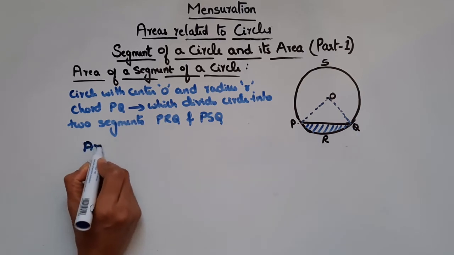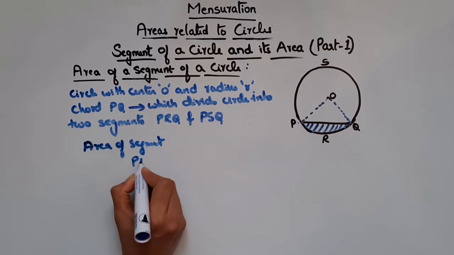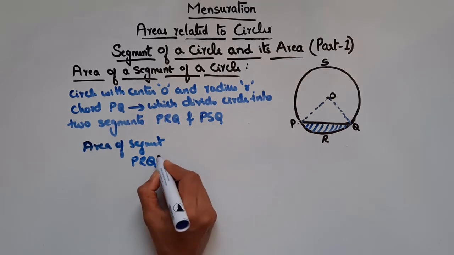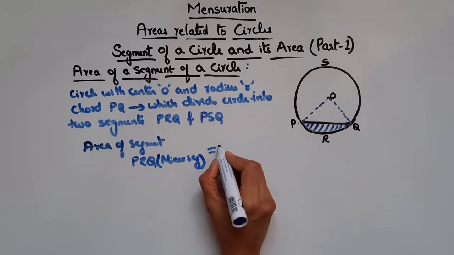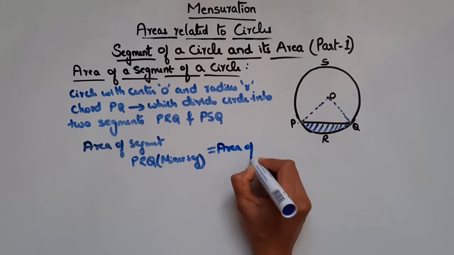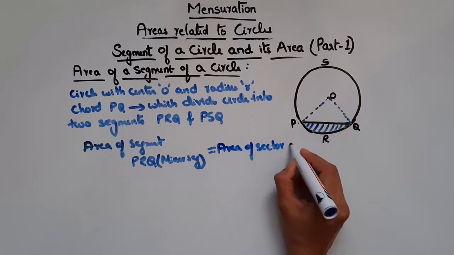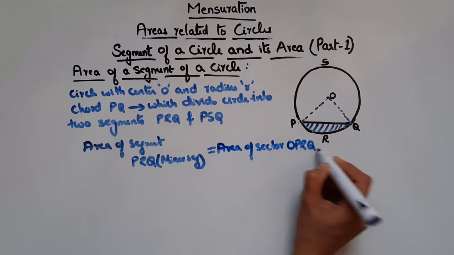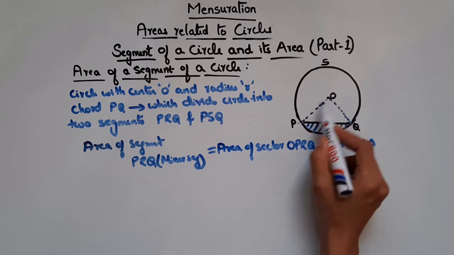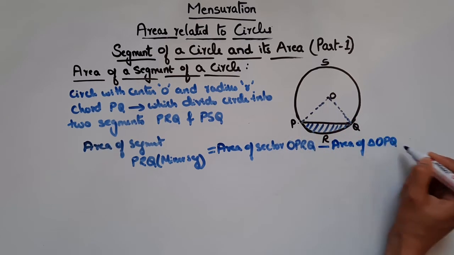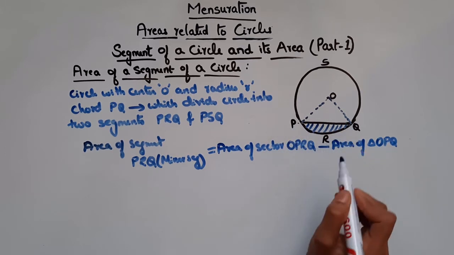So we can write: area of segment PRQ, which is a minor segment, is equal to area of sector OPRQ minus area of triangle OPQ. By doing so, you will get the area of segment PRQ, right?